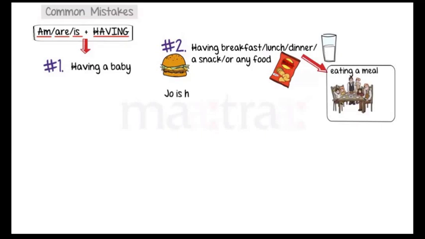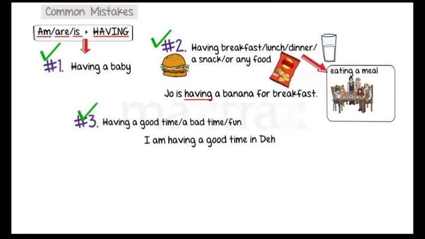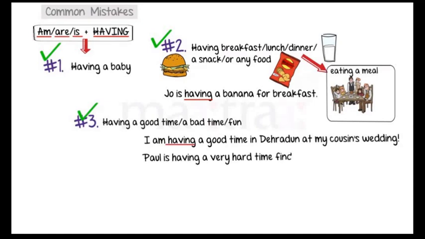Joe is having a banana for breakfast. It is also used to show having a good time, a bad time, fun. I am having a good time in Dehradun at my cousin's wedding. Paul is having a very hard time finding a job.